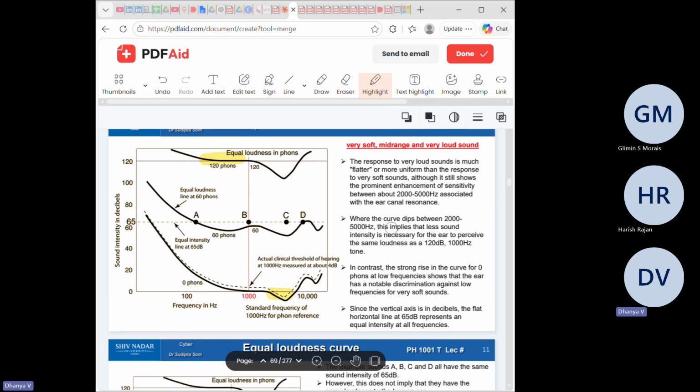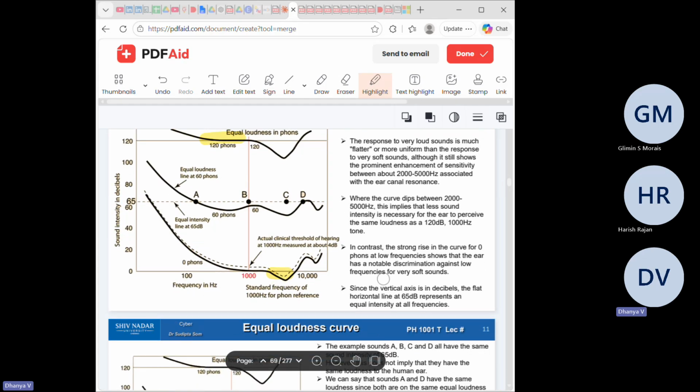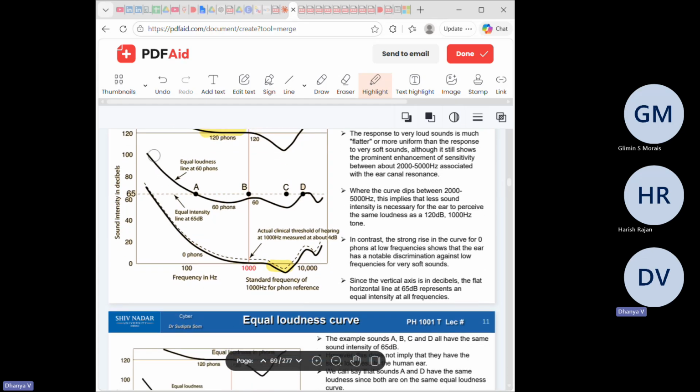That implies that less sound intensity is necessary for the ear to perceive the same loudness as a 120 dB, 100 hertz tone. Since your ear is highly efficient at this region, less sound is enough for you to perceive a sound that is even higher. If you see this here, the equal loudness line at 64 tones, all of this is essentially the same sound.